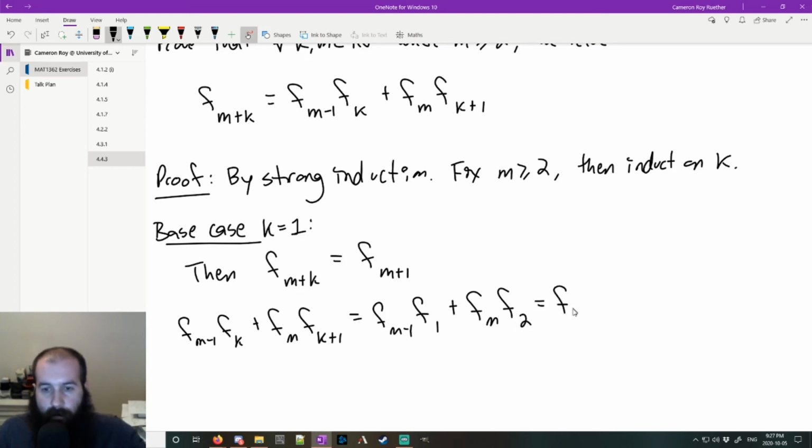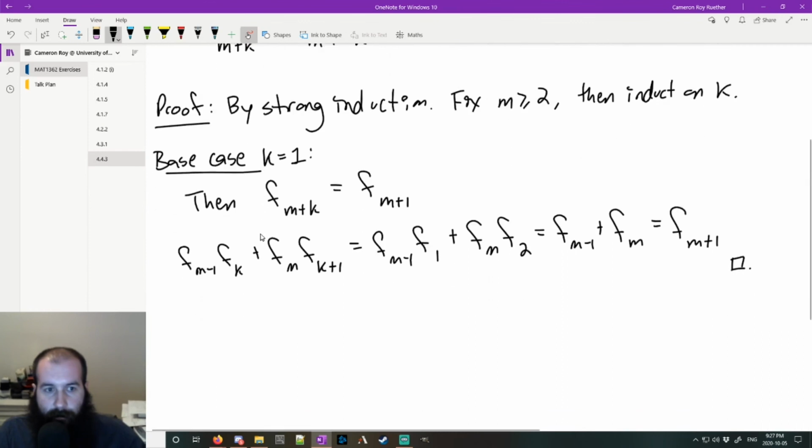So this is just f of m minus 1 plus f of m, which by the recursive definition of the Fibonacci numbers is f of m plus 1. So these two things are equal. They're both f of m plus 1. So the base case holds.